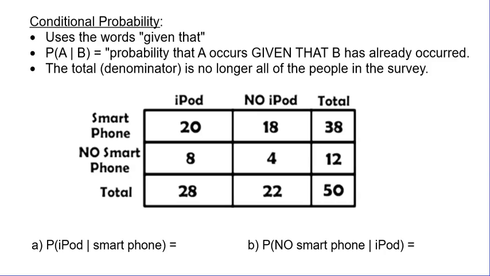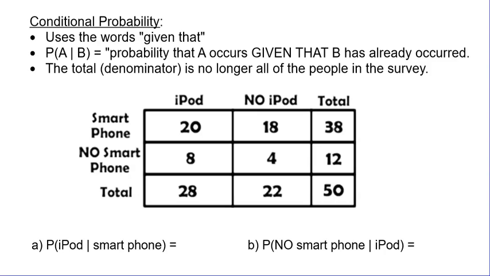Okay, now, conditional probability uses the words given that. So probability of A given B means the probability A occurs given that B has already occurred. So B has to happen, then A occurs. The total, the denominator, is no longer all the people in the survey.